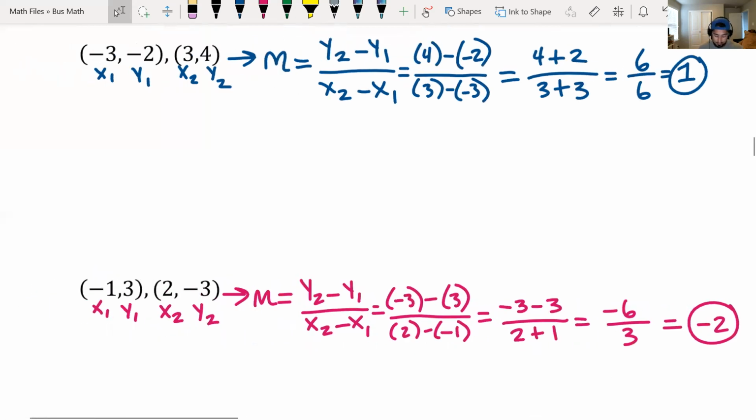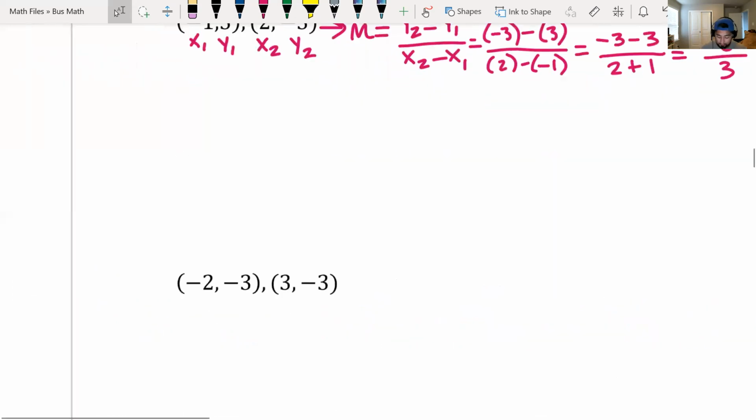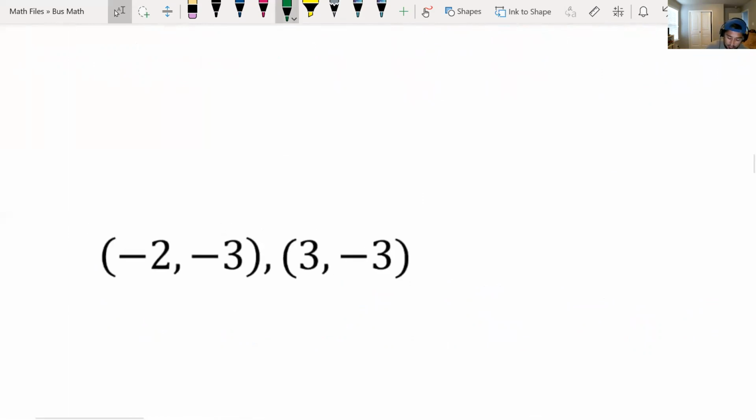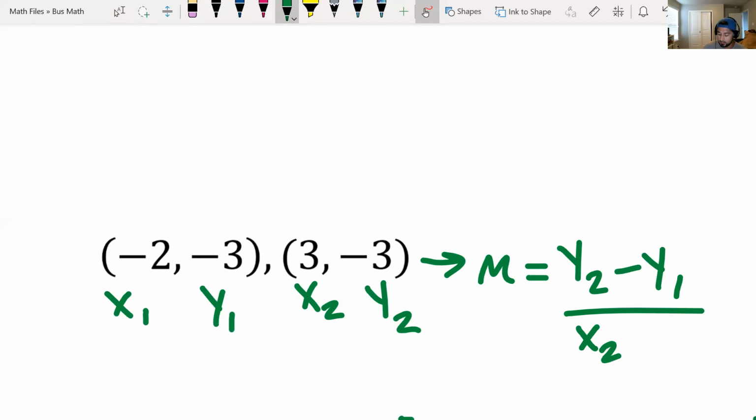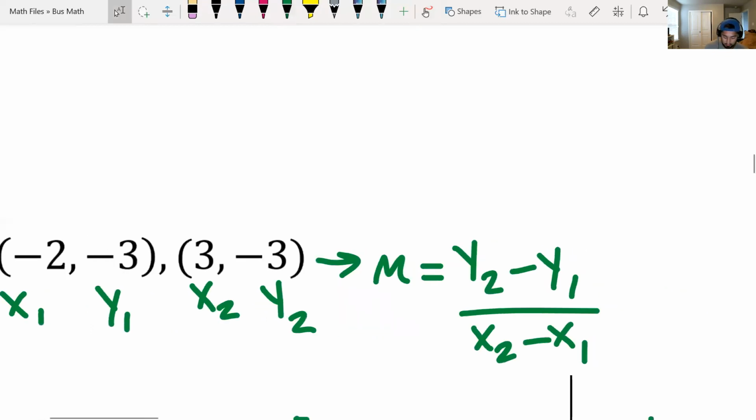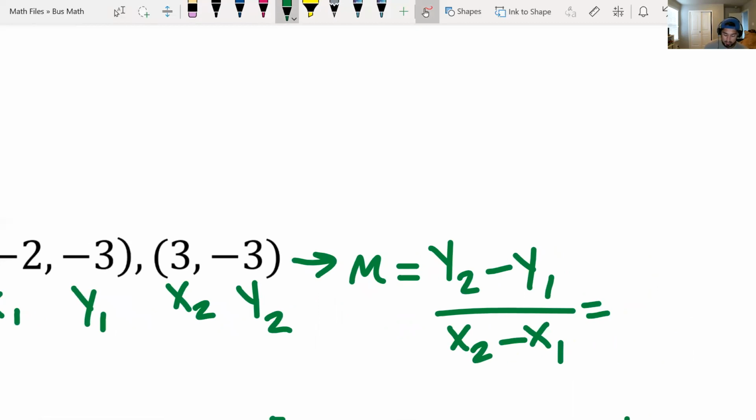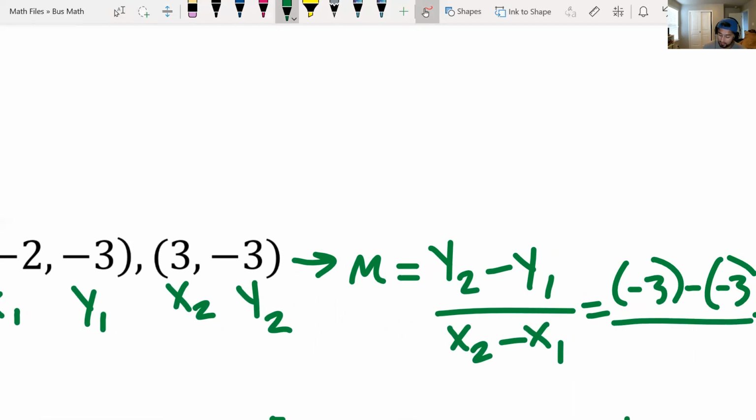Okay. Still going, last one. Label it: x1, y1, x2, y2. m equals (y2 minus y1) over (x2 minus x1). And we get -3 minus -3 over 3 minus -2.